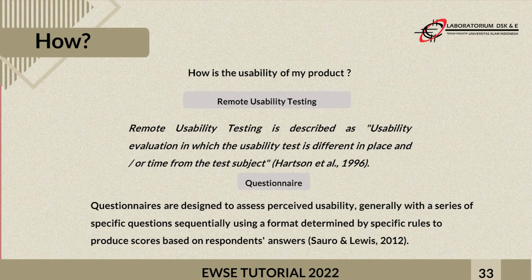Let's continue about the how. How is the usability of my product? Usability evaluation is divided into 3 types. Among the 3 types, they are further divided into several categories, one of which is remote usability testing. Remote usability testing is described as a usability evaluation in which the usability test examiner divides in place and or time for the test subject, Hartson et al. 1996.